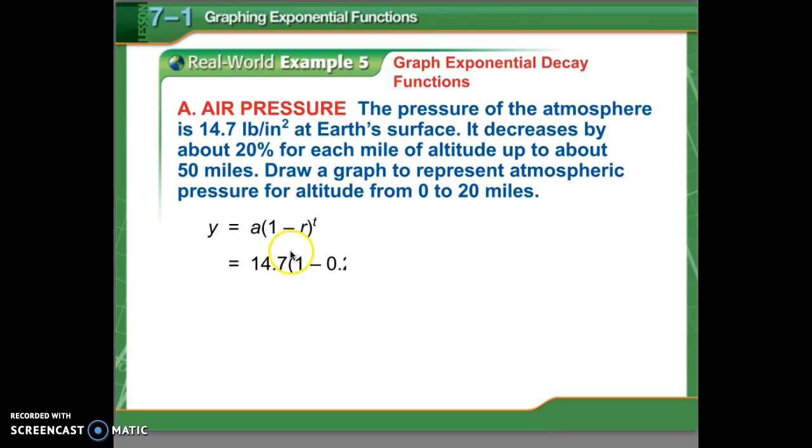So we're going to work off the equation A times (1 minus r) to the t power. A is the initial pressure at the Earth's surface, which is 14.7. The pressure decreases by 20%, so that's our rate. So we're going to do 1 minus 0.20, which gives us 0.80. And t is going to represent the miles of altitude.